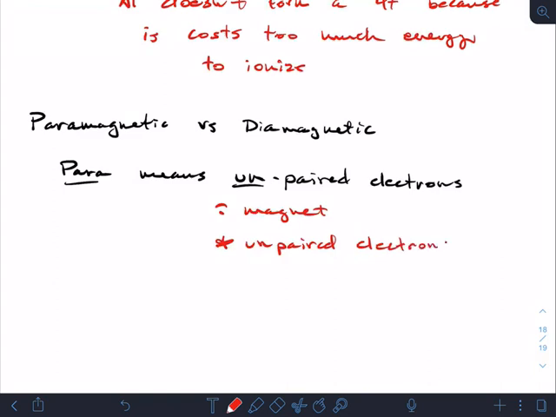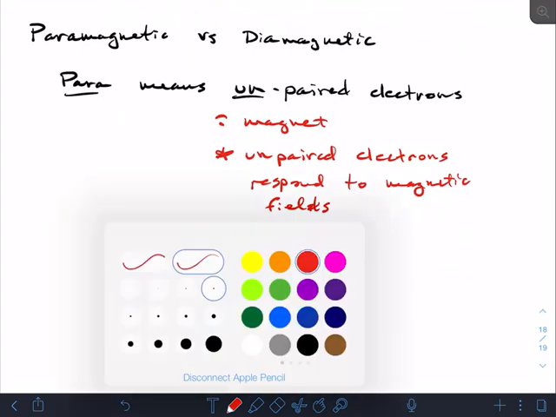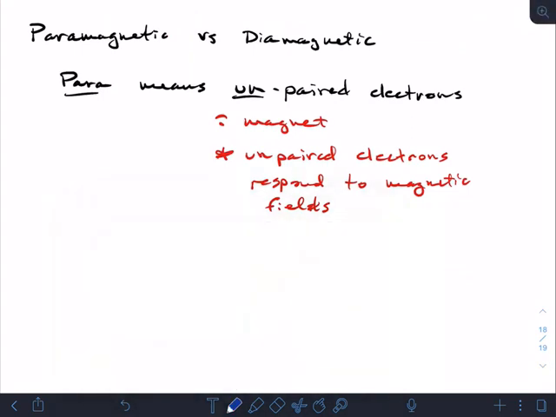The idea here is that unpaired electrons respond to magnetic fields. So if you don't have any unpaired electrons, the thing is not going to respond to a magnetic field.